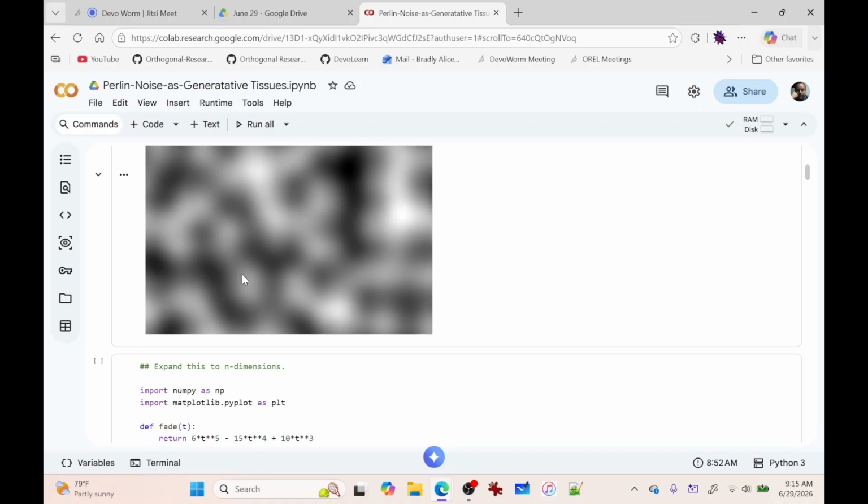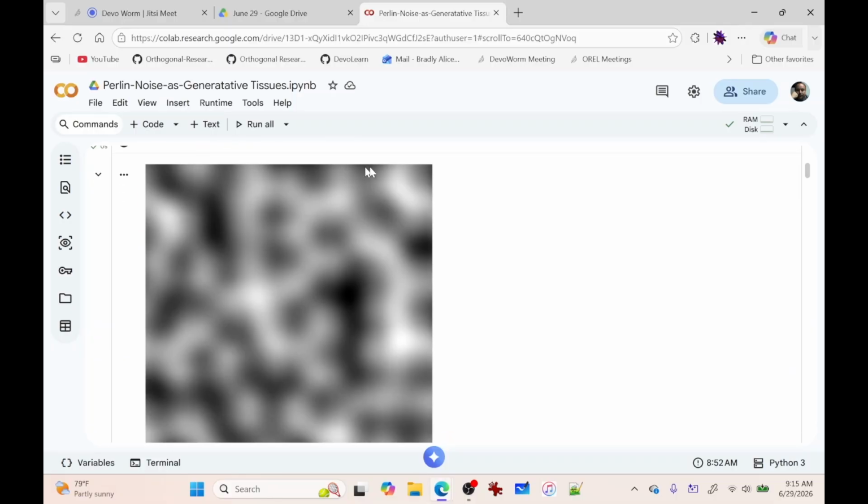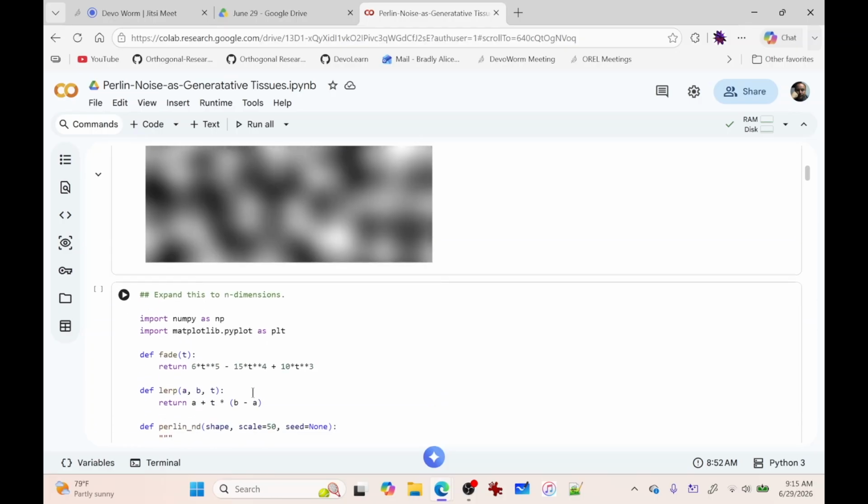Okay, so that's the two-dimensional volume. You start at the first row or column, and then you just continue across the two-dimensional volume as the generative process unfolds. And so that's what you have with your two-dimensional volume.